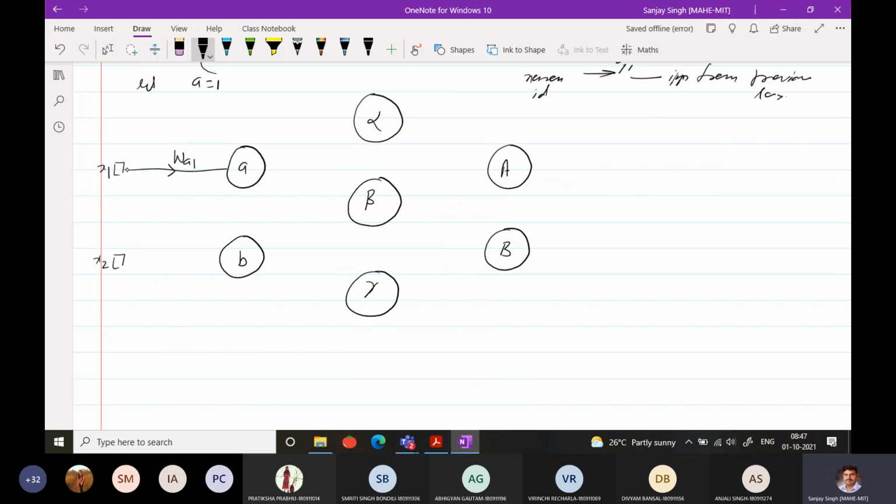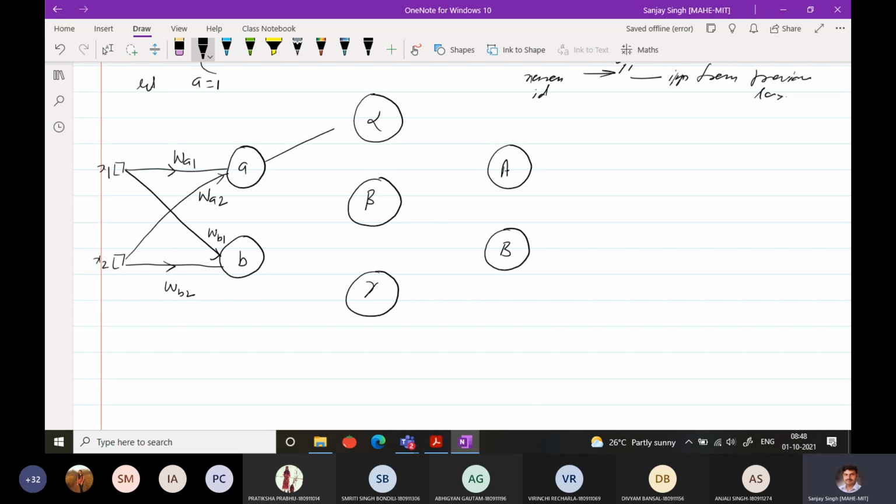Likewise, it's a fully connected network, so one will be going here also. This is WB1, neuron B getting input X1 from the previous layer. Likewise, this is WA2, and this is WB2.